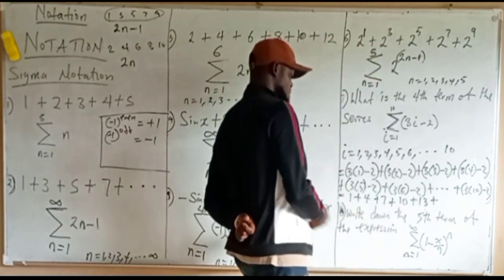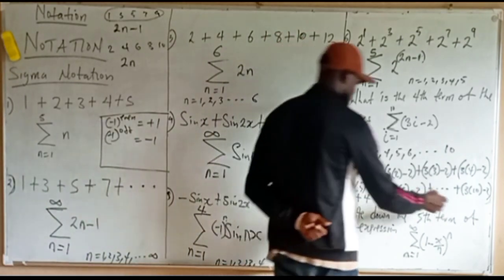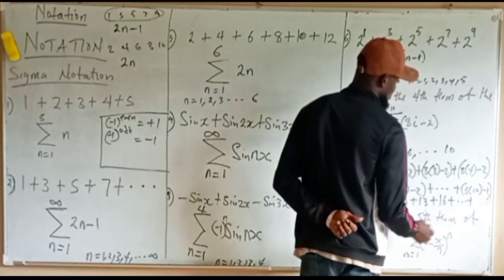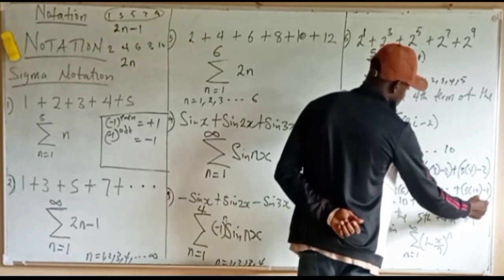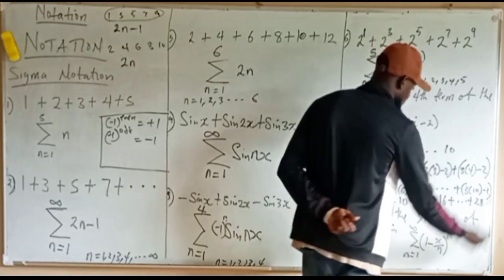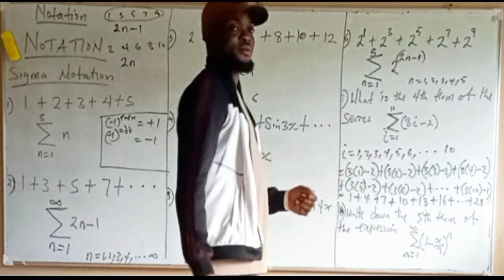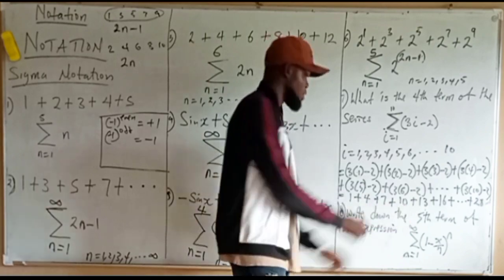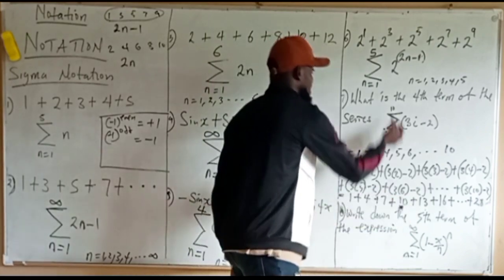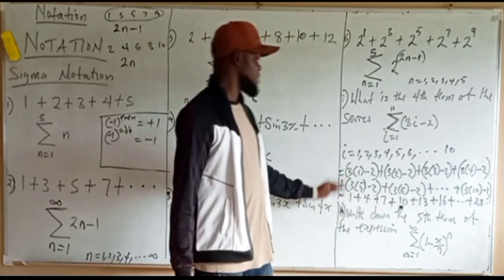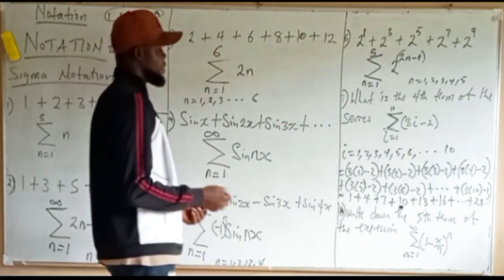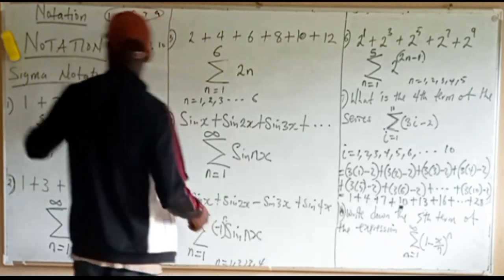Plus 3 times 6, 18 minus 2, you're having 16. Plus 3 times 10, 30 minus 2, 28. So this is what you have. And the first 10 will be 1, 4, 7, 10. So the first 10 will be the fourth term, that is the question they're asking. If you write it this way, there's no problem. Now look at another way to write that.